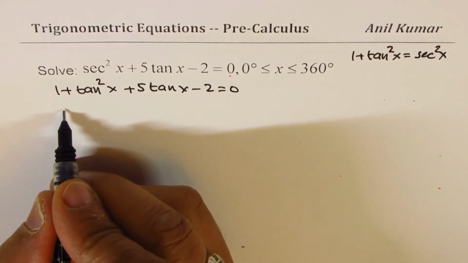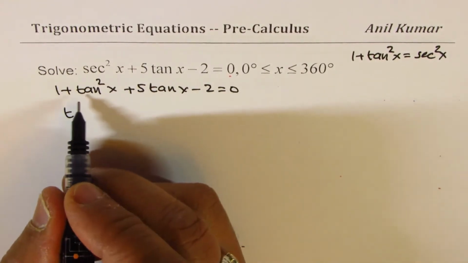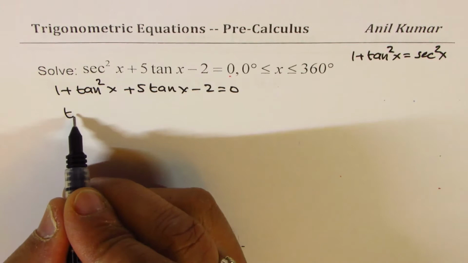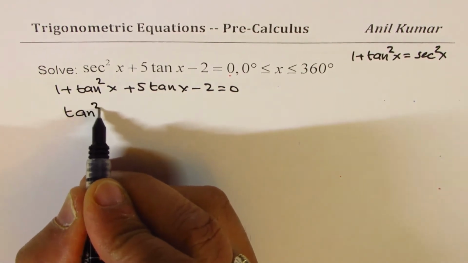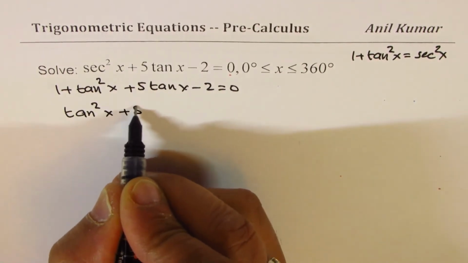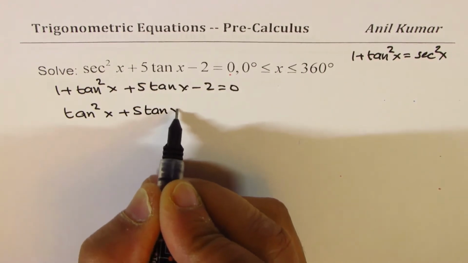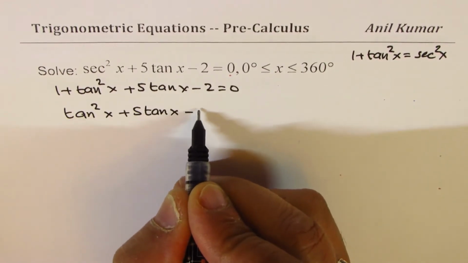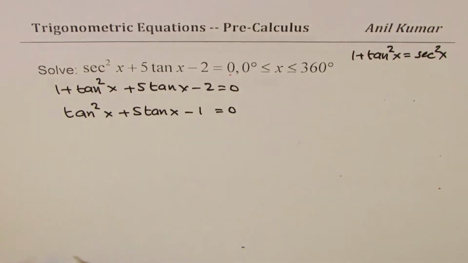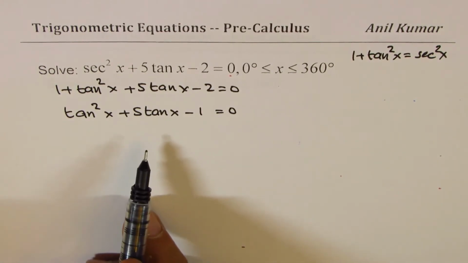Let's rearrange. Rather, we can combine the two constants. So we get tan square x plus 5 tan x minus 1 equals 0. Now to solve this, we could use the quadratic formula, right?